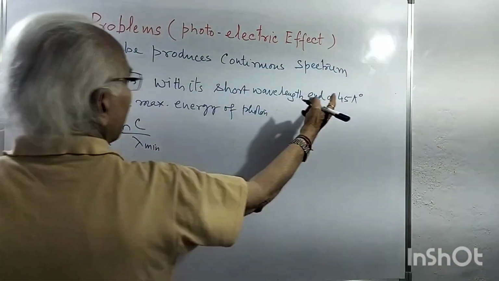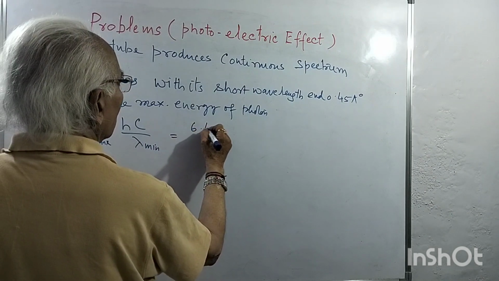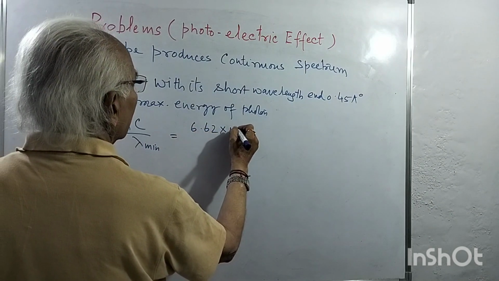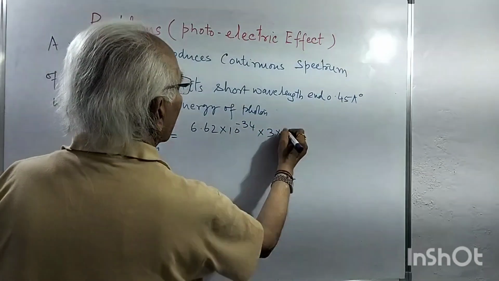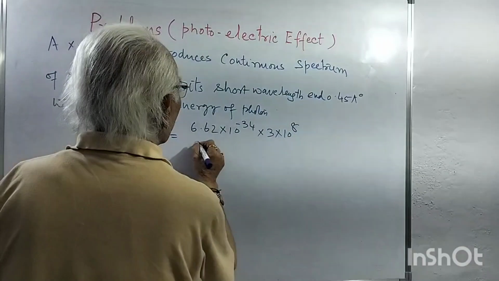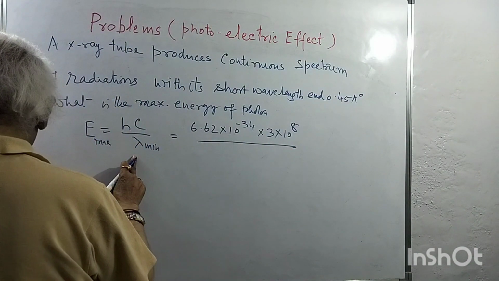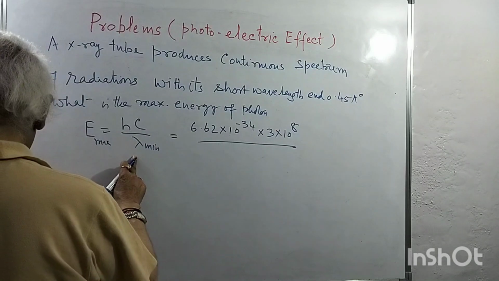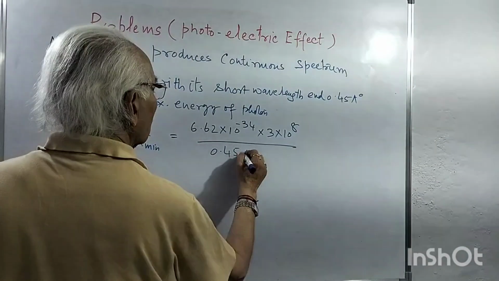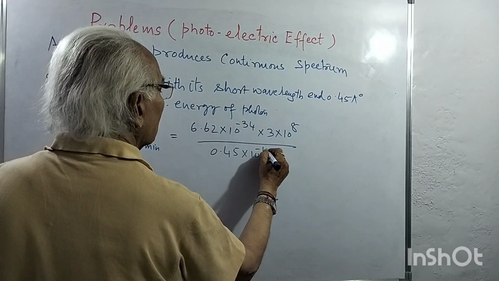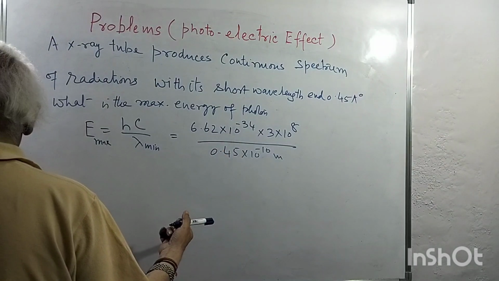What is the energy of this wavelength? h is 6.62 into 10 to the power minus 34, c is 3 into 10 to the power 8, divided by lambda. Lambda minimum is 0.45 into 10 to the power minus 10 meter. Now you solve this, you will get E max.